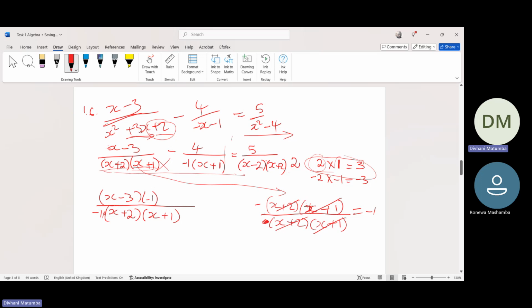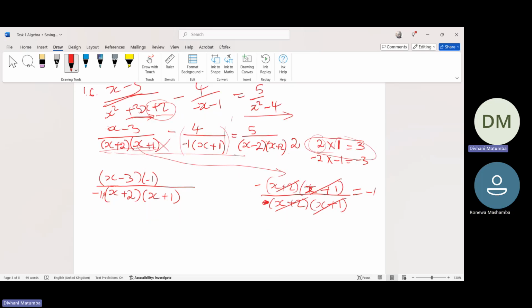So I'm going to do the same thing with this expression as well. I'm going to take the LCD, minus x plus 2, x plus 1, divided by the denominator, minus 1, x plus 1.